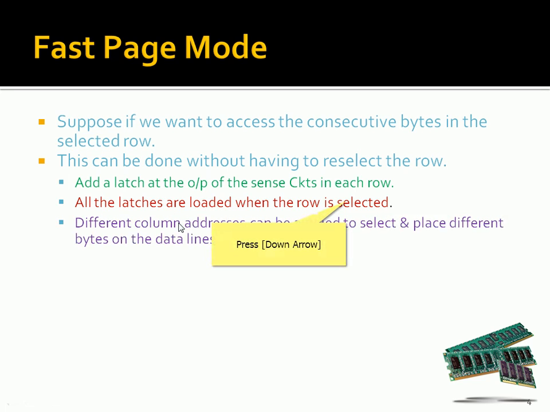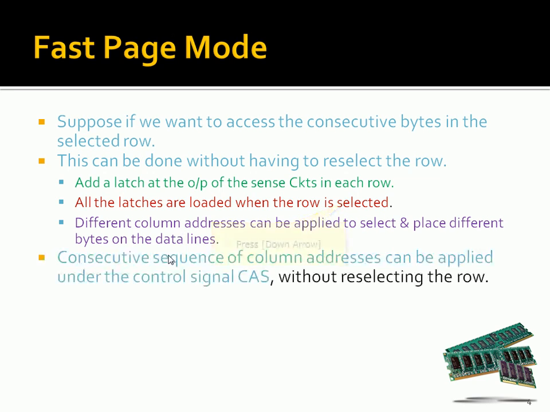Different column addresses can then be applied to select and place different bytes on the data lines. A consecutive sequence of column addresses can be applied under the control of the column address strobe without reselecting the row.